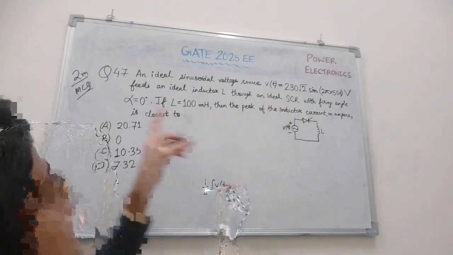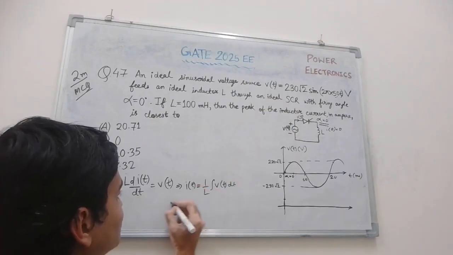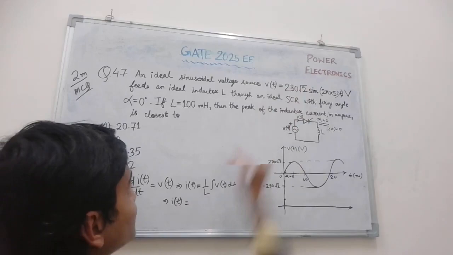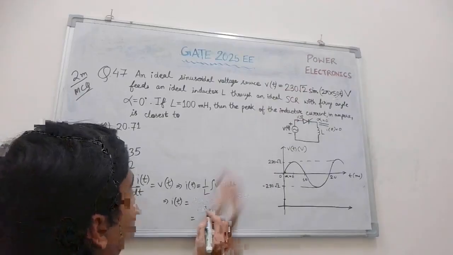One by L integration of v dt, right? So i(t) equal to, if you put this, so it will be what?